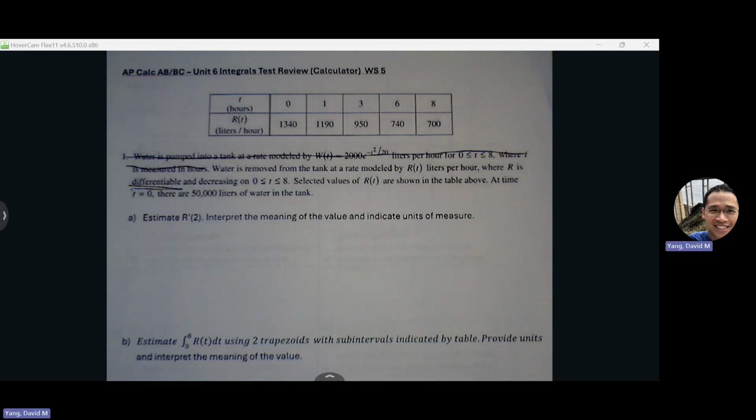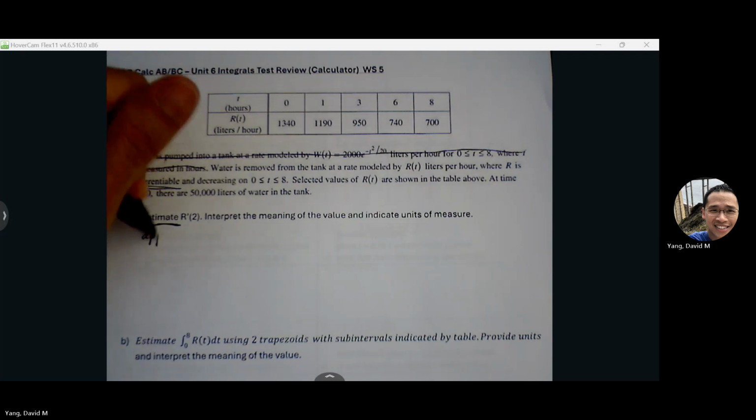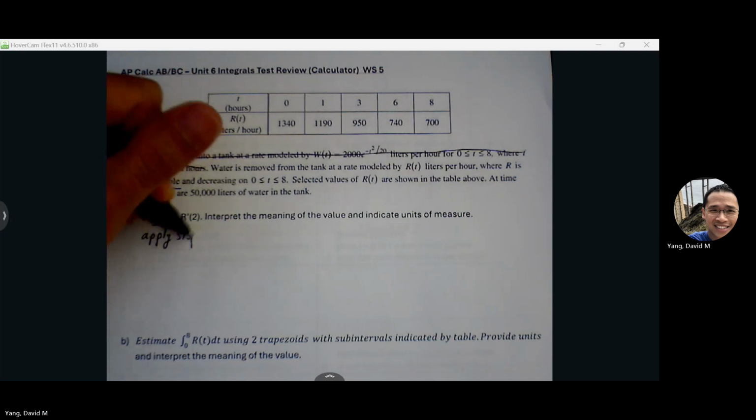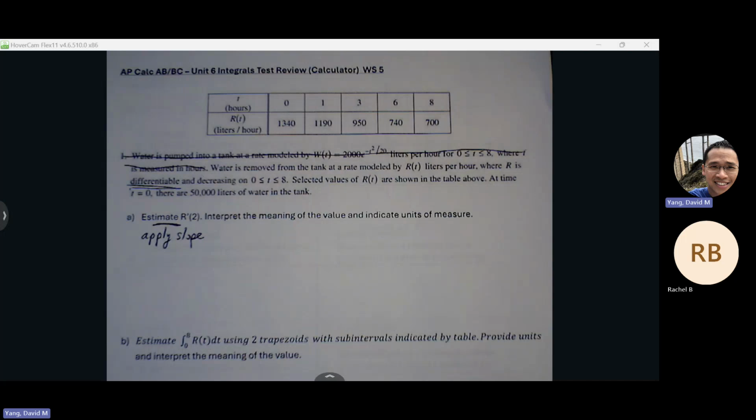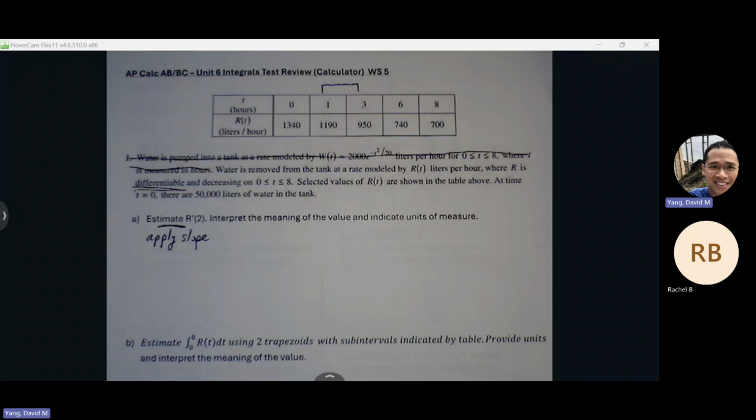Okay, so number one, part A, estimate R prime of 2. Interpret the meaning of the value and indicate units of measure. So it's a derivative, but it says estimate. The way we estimate a derivative is using slope. So we pick the closest points and find the rate of change between 1 and 3.